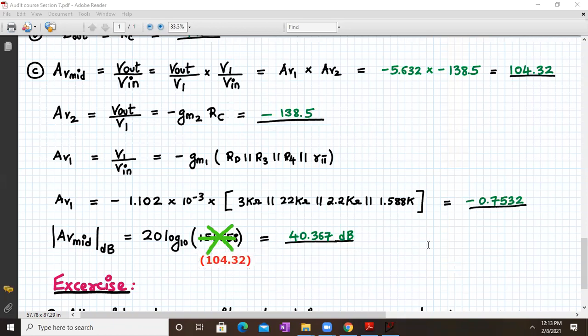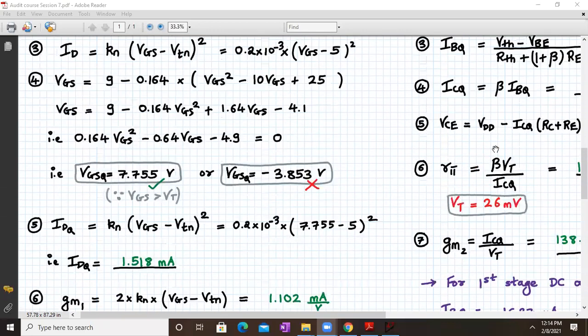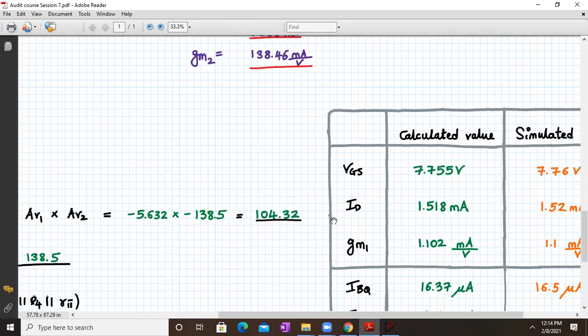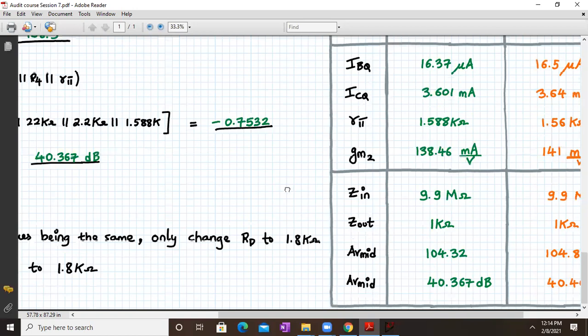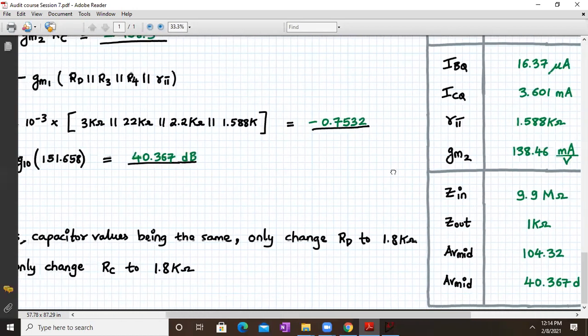That comes out to be 40.367 dB. Okay, so that's the value of AV mid in dB which we are getting. Okay, so please check it, please correct it. Fine. And I hope that I have written correctly in the table at least. Yeah, in the table it's fine, absolutely fine.